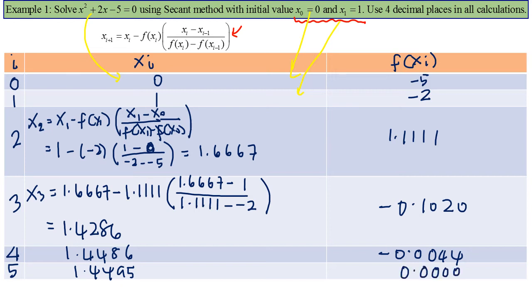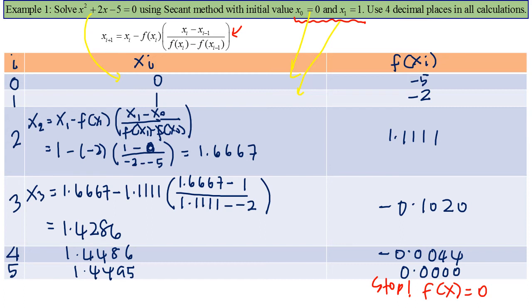So now you can stop because f(x) is already equal to 0. If you remember, this question is actually similar to Example 1 in Newton-Raphson. You can check later on.